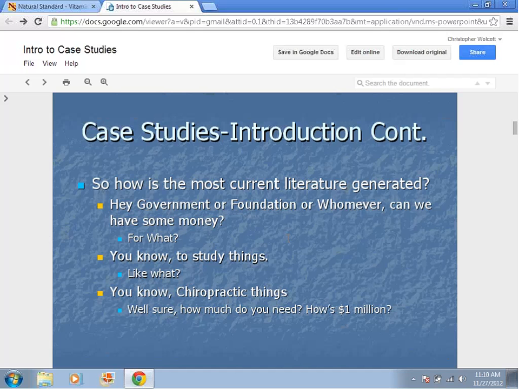We need a lot more research, not a little bit more, about what we do, from basic science mechanism of action all the way up to gaps in the clinical literature. For example, the jury is still out on whether spinal manipulation helps neck pain. Any chiropractor or chiropractic patient who's had neck pain will say that it helps, but we don't have enough evidence yet to say definitively that it does.